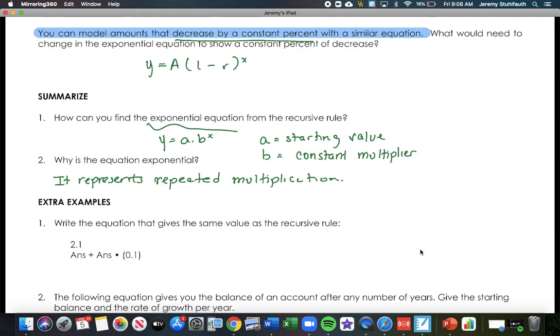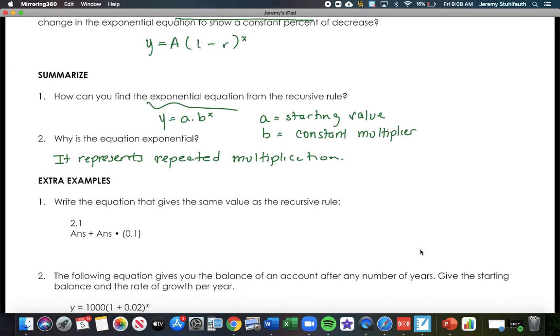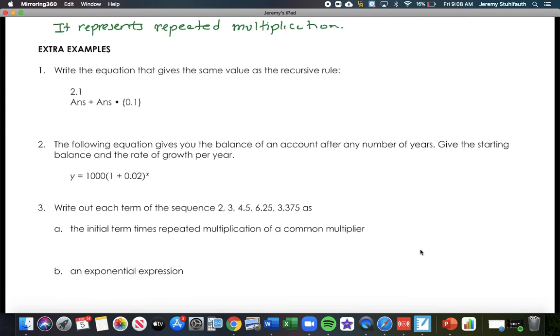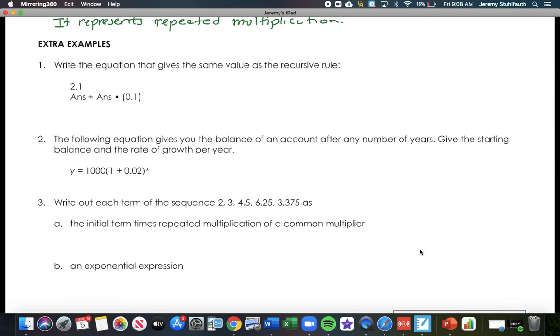Now, we'll take a look at a few more examples. In the first example, it says, write the equation that gives the same value as the recursive rule. So the way you read this, what it's saying is your starting value is 2.1, your recursive rule is 0.1. So what we would have here is 2.1. This is growth because our constant multiplier is positive.